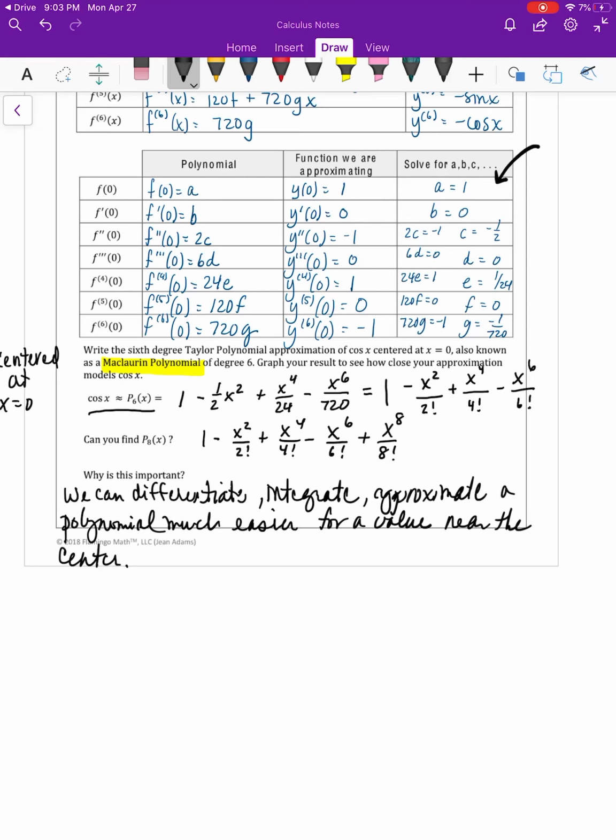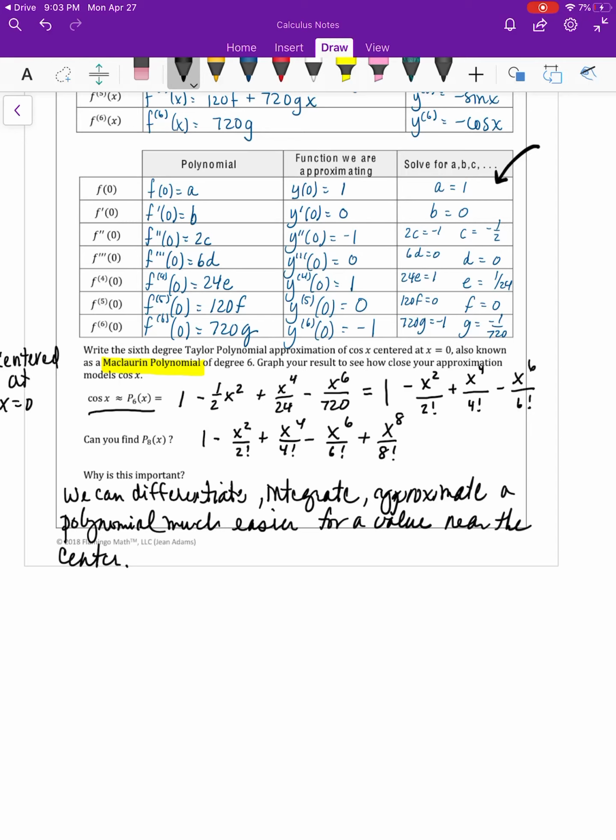So if I wanted to figure out what the cosine of 0.1 was, I'm going to center it at 0 because 0.1 is very close to 0. So you center it at an integer value of x, and then you can use that Taylor polynomial to find the solution to whatever your function is.